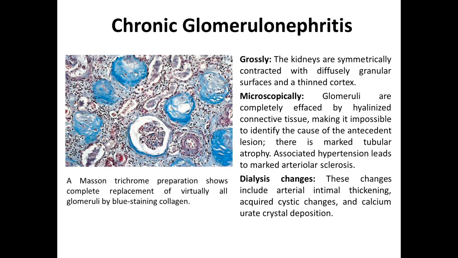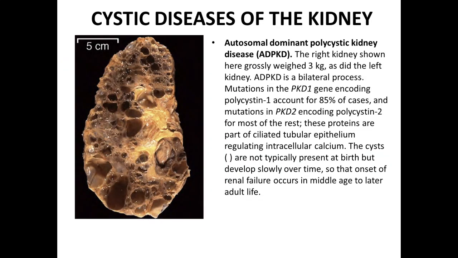There is marked tubular atrophy. You can find on this picture these specific changes, and of course dialysis changes, which include arterial intimal thickening, acquired cystic changes, and calcium urate crystal deposition.